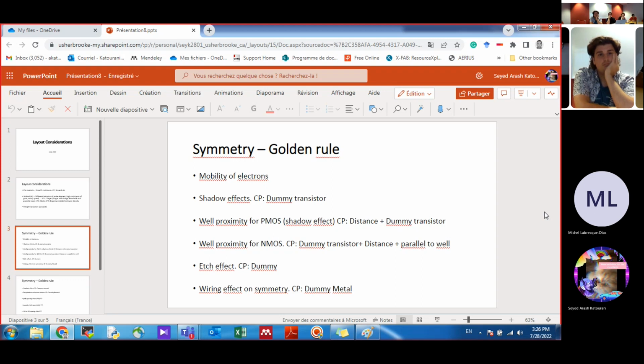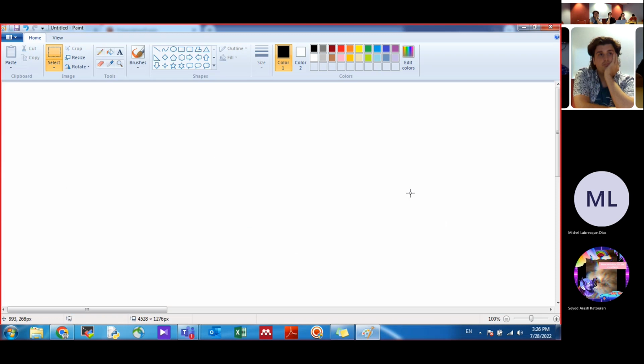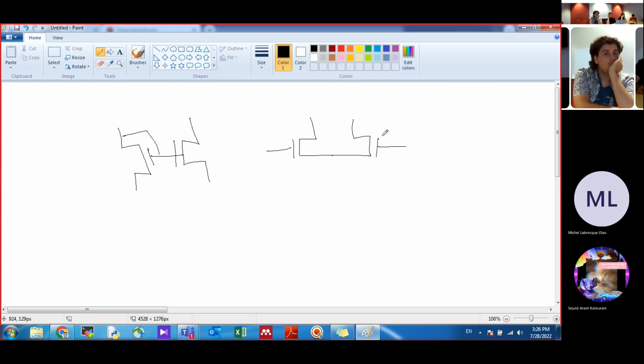We always have the problem of matching, mostly in something like current mirrors, and mostly in differential pairs, which should be matched. They will not be because of some effects that I'm going to talk about, so you should compensate for that.